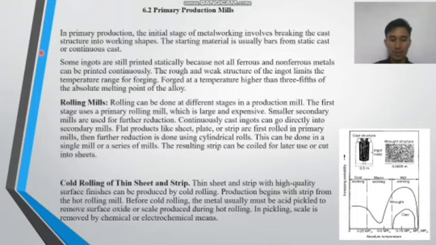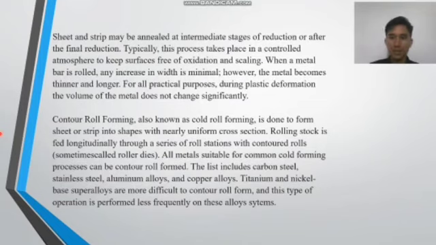In pickling, scale is removed by chemical or electrochemical means. Next, sheet and strip may be annealed at an intermediate stage of reduction or after the final reduction. Typically, this process takes place in a controlled atmosphere to keep the surface free of oxidation and scaling.